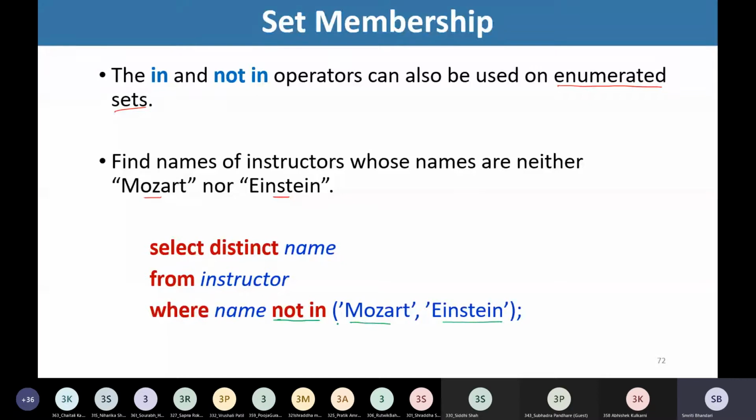So explicitly we are forming this set of values. This is our enumerated set, wherein we are listing out the values. These values comprise this particular set, and we want to extract the names of the instructors where name is not there in this set.